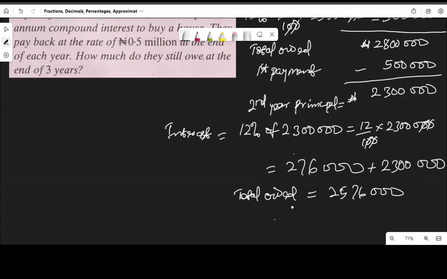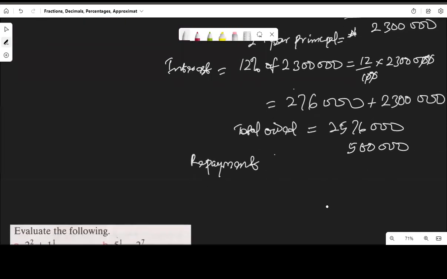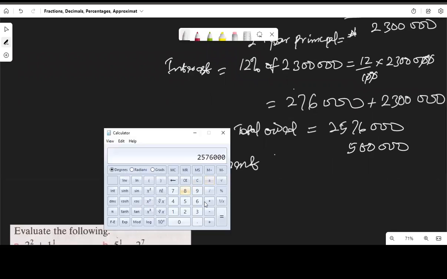Then out of this, there is a repayment of 500,000. So subtracting 500,000 from that, minus 500,000, is 207,600.